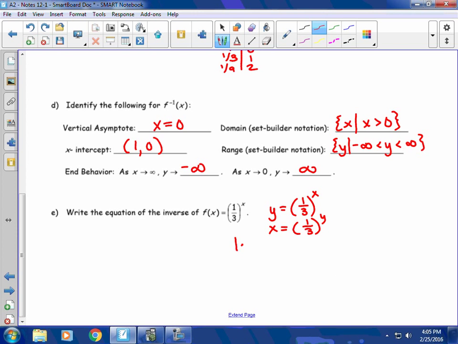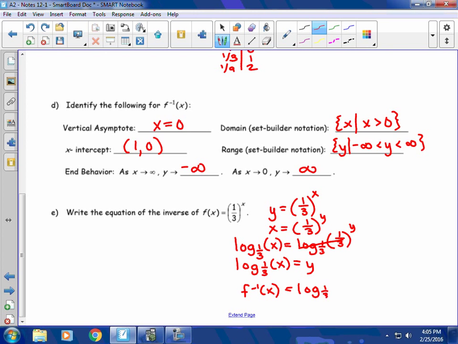Log base 1/3. So log base 1/3 of x equals log base 1/3 of (1/3) to the y. Cancel those out. We get log base 1/3 of x equals y. So our answer, f inverse of x, is equal to log base 1/3 of x.